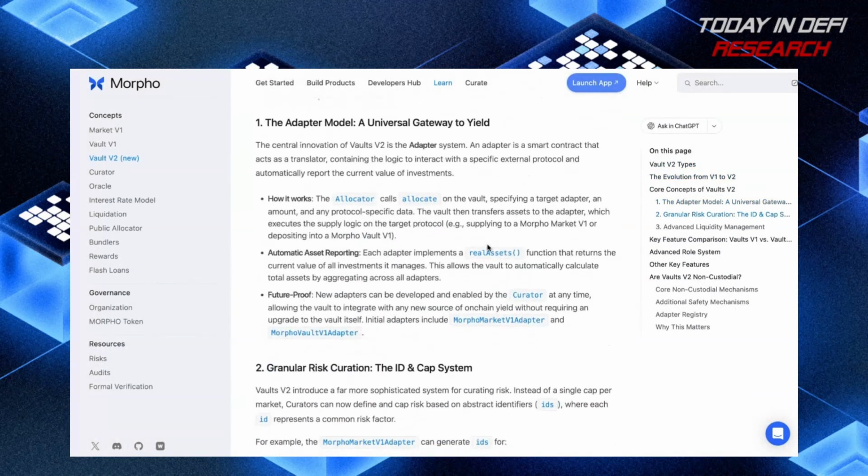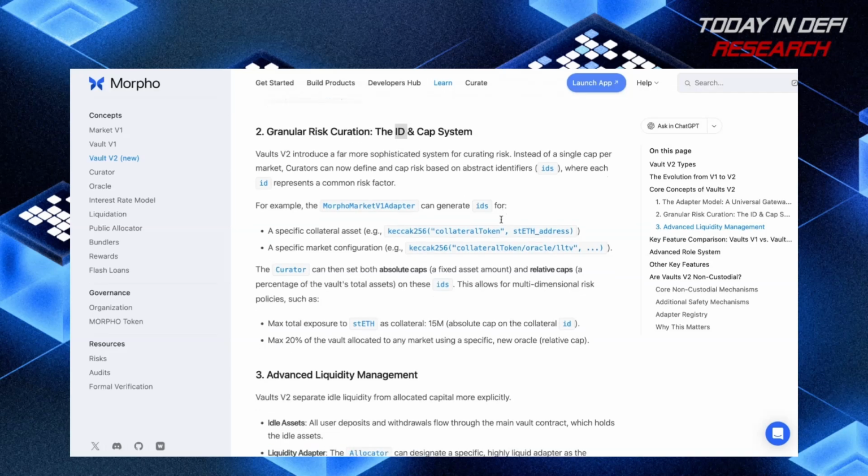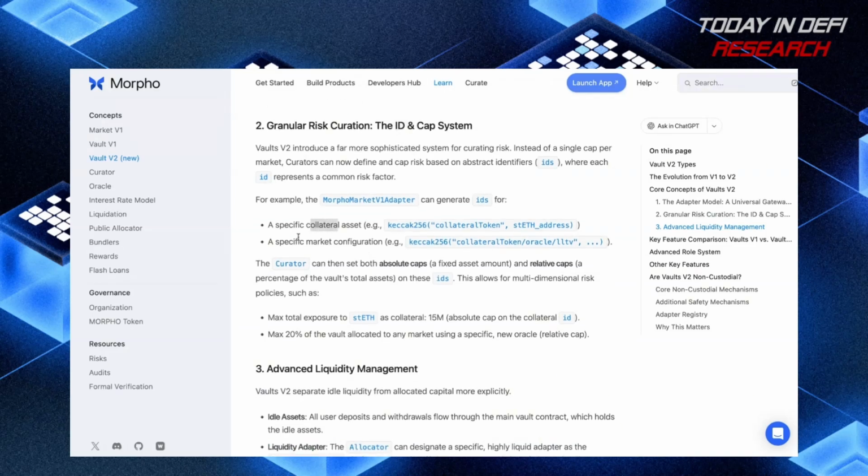The second interesting update is about granular risk curation. Risk curation is necessary for V2, because V2 will interact with many more assets compared to V1, and also many more vote types compared to V1, which is only doing lending. Through the ID system, the curator can label the collateral assets. They can also label the market.